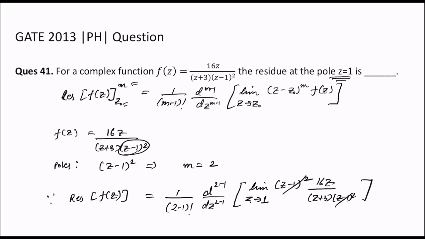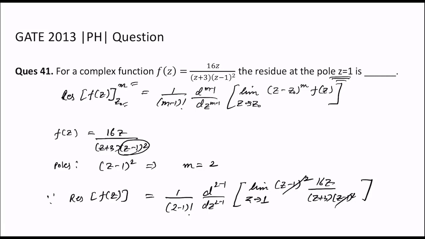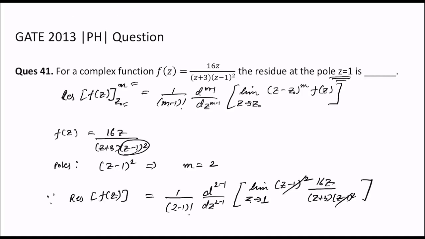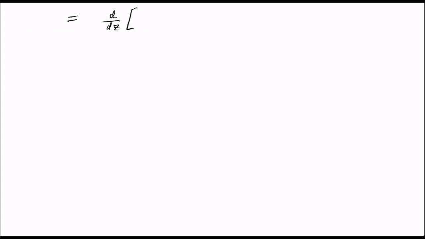So (z minus 1) square cancels out. So this will just become 1 upon 1 factorial, d by dz of 16z upon z plus 3.